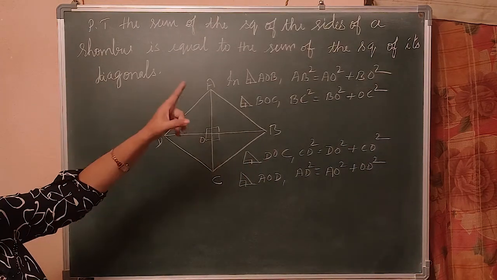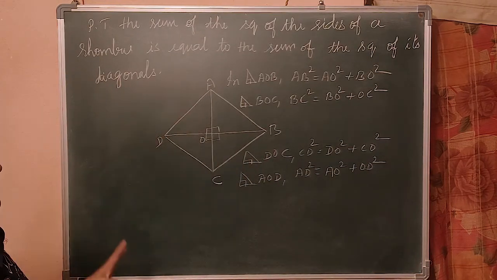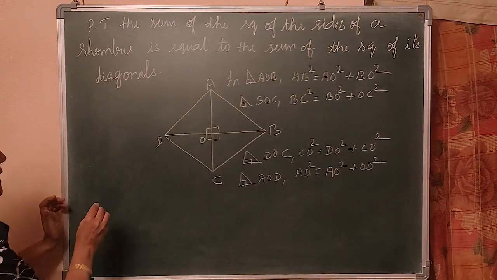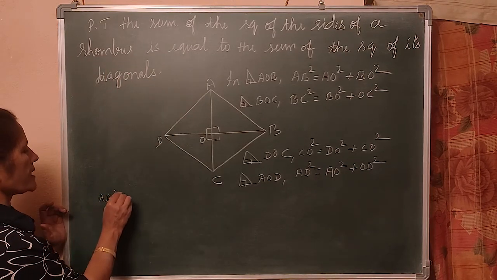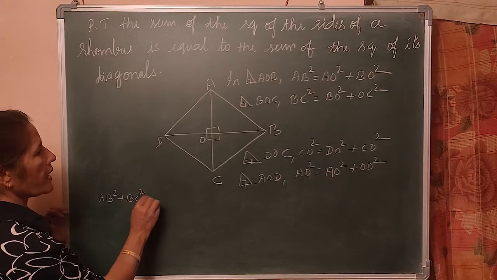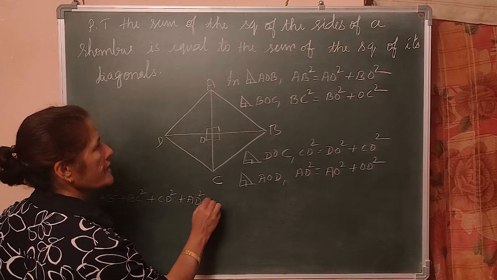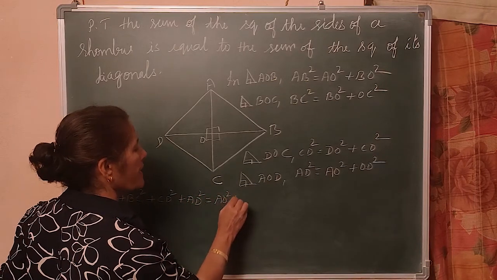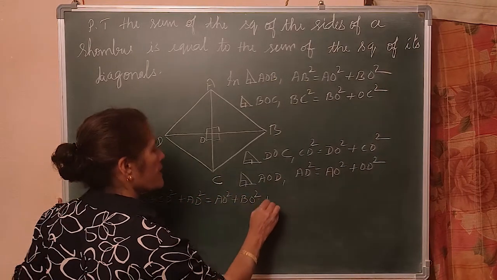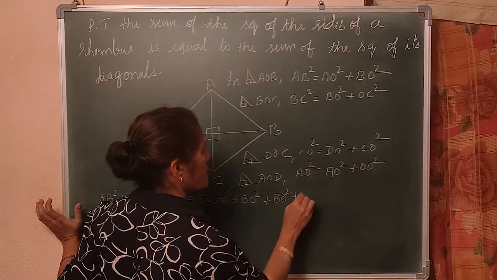Now the sum of the squares of the sides of the rhombus. Let us add all that. AB square plus BC square plus CD square plus AD square is equal to AO square plus BO square plus BO square plus OC square.